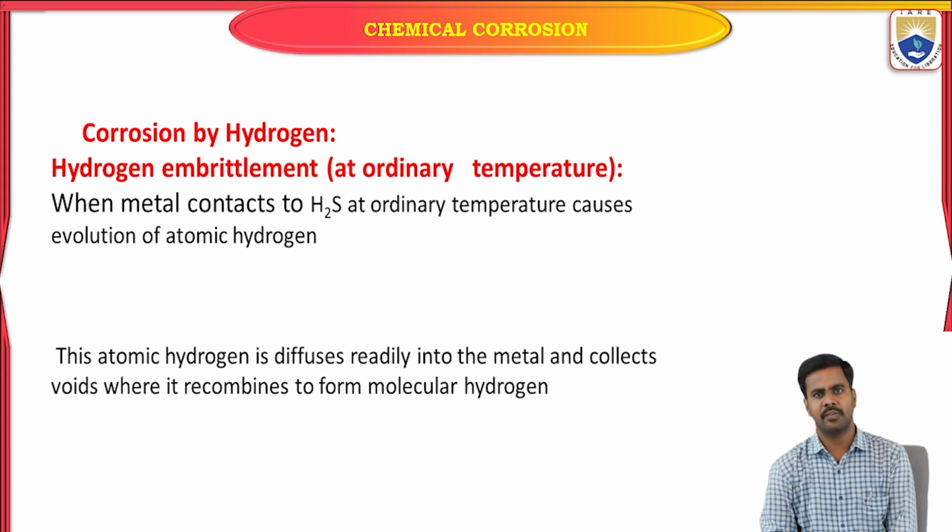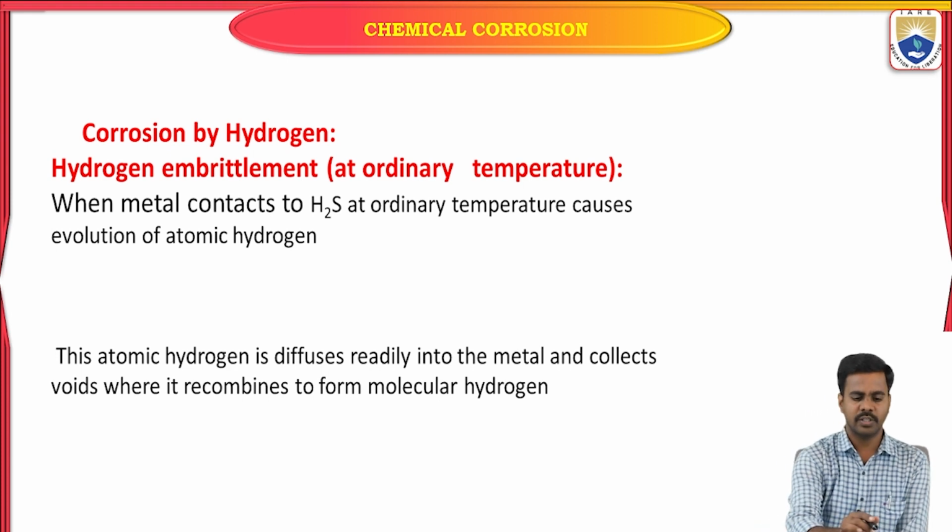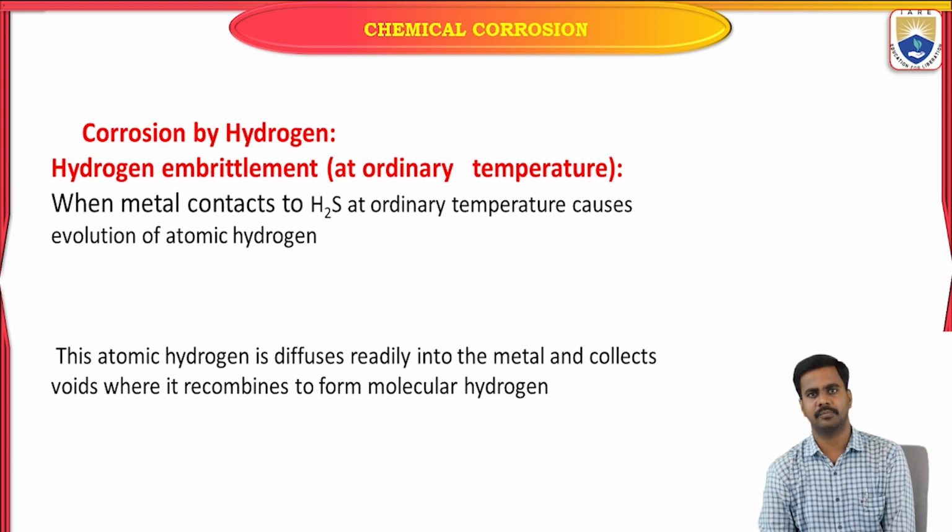Next, corrosion by hydrogen. So until now we have discussed chemical corrosion by the attack of oxygen, and one more type of chemical corrosion, that is corrosion by hydrogen. That means destruction or decay of metal by the attack of hydrogen present in the environment.